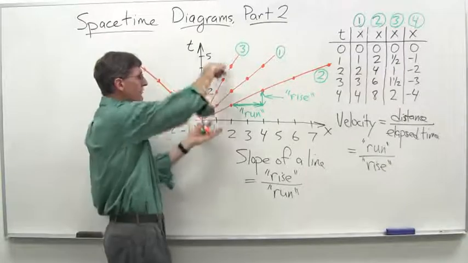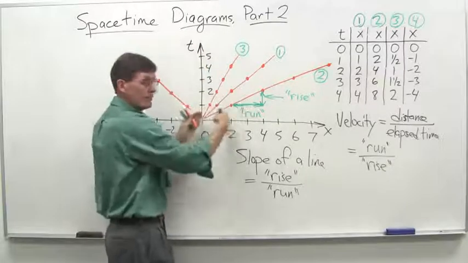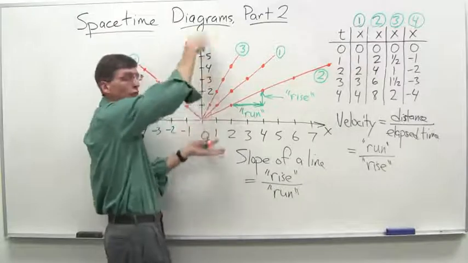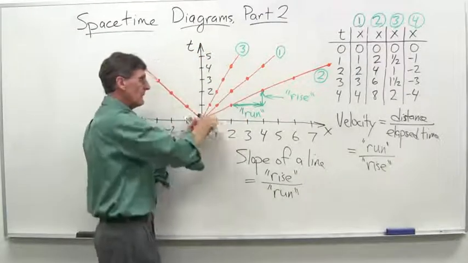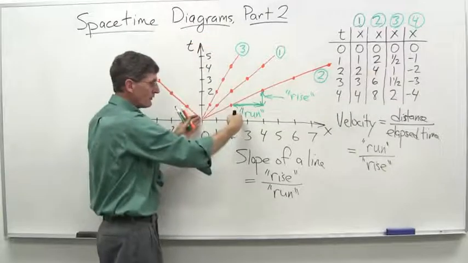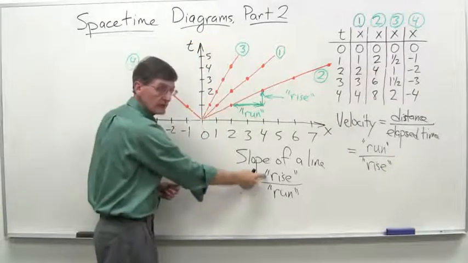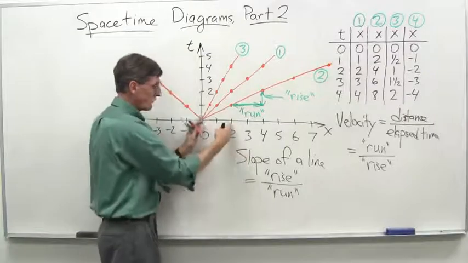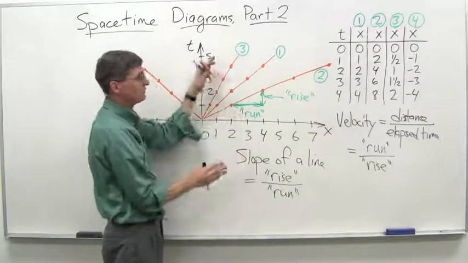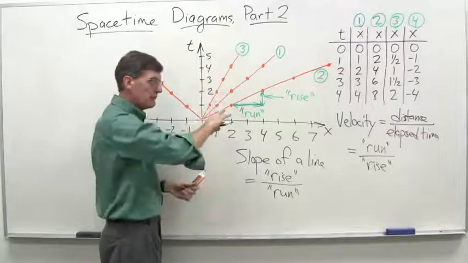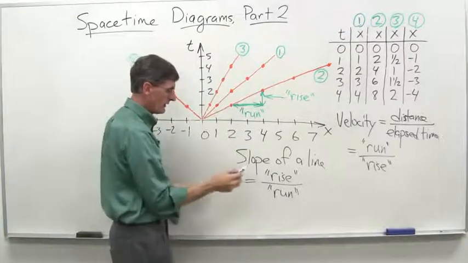So it's how far does it rise within a given run. So what's its y value for a given x value? If you have a large difference in y for a small difference in x, you have a big difference in the rise. A big rise over a relatively short run gives you a larger number for the slope and a steeper line.